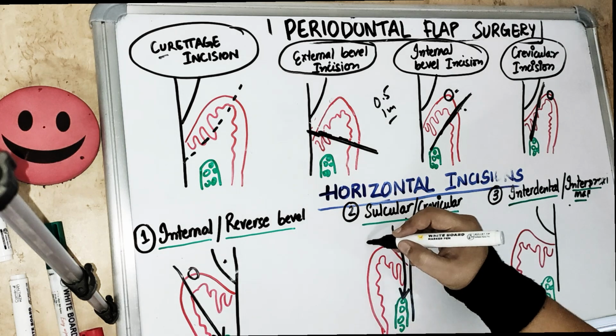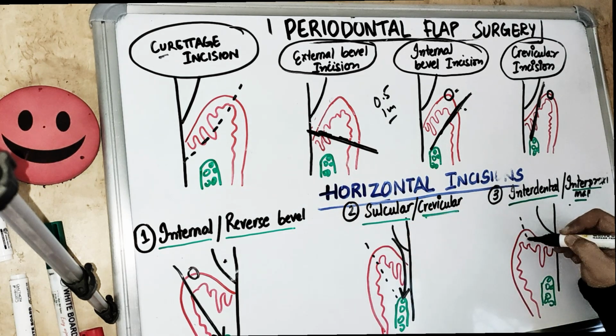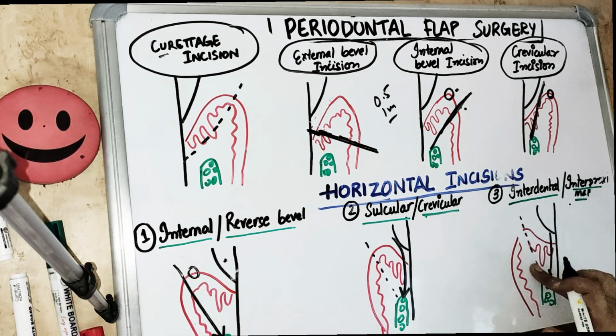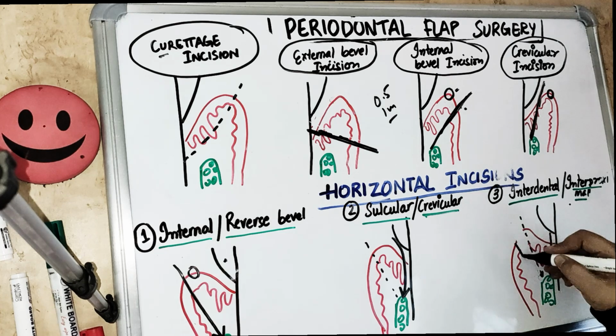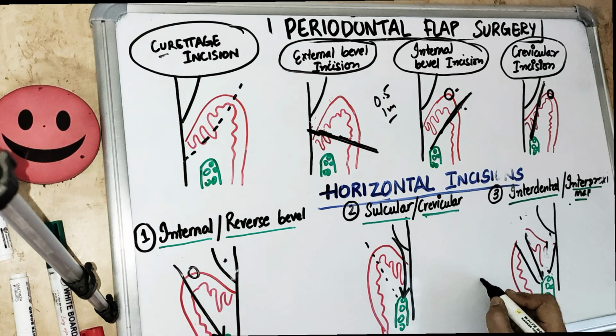Now that we have incised here and we have incised here, we have two incisions. So this is separated, and also this is separated, right? We are going to remove this part of the interdental bone with the help of a kind of vertical incision.